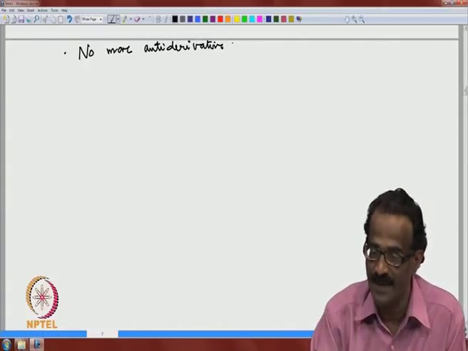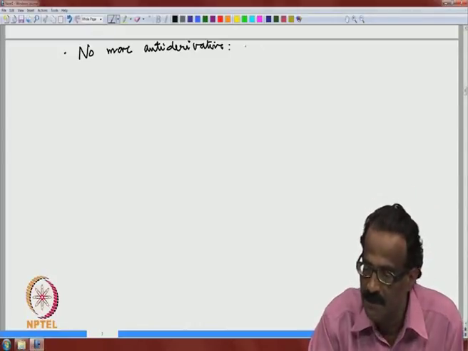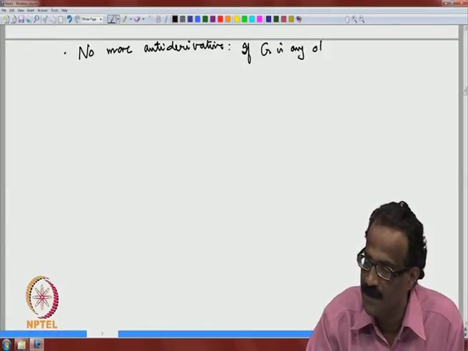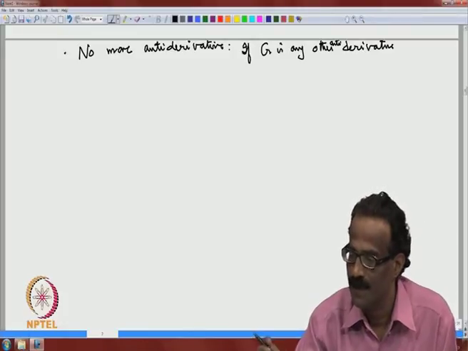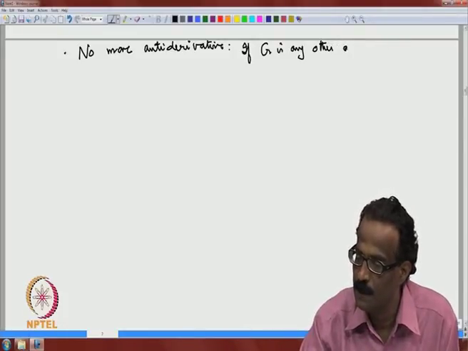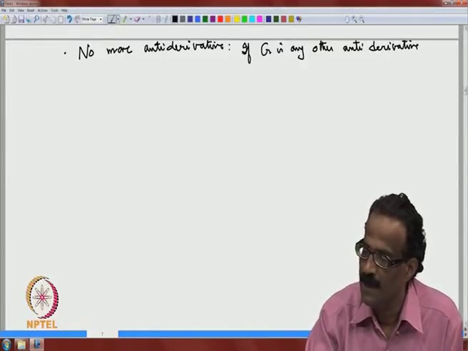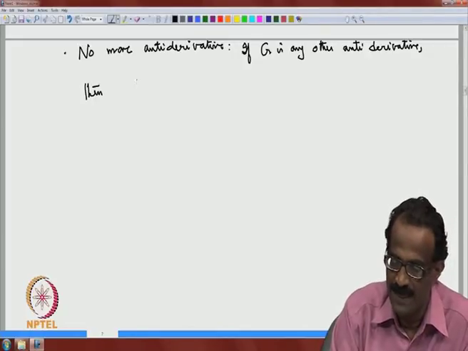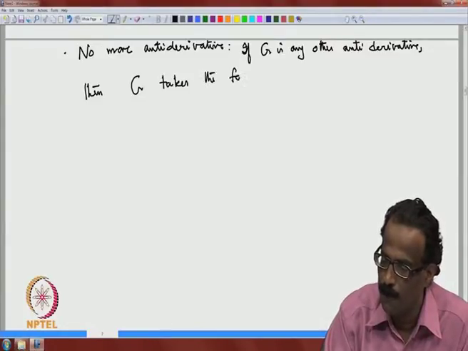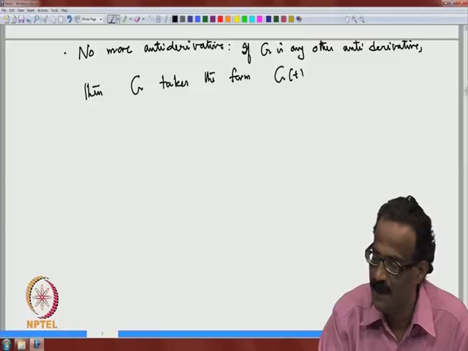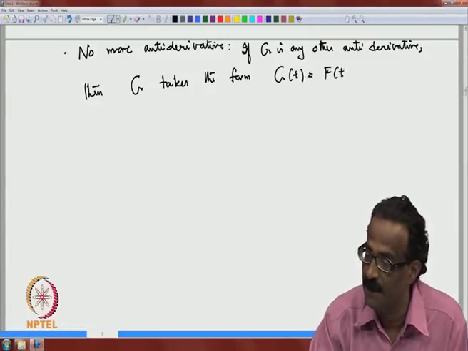So, if I formulate it further, if g is any other antiderivative, then g takes the form g of t equal to F, which we have defined earlier, plus c.